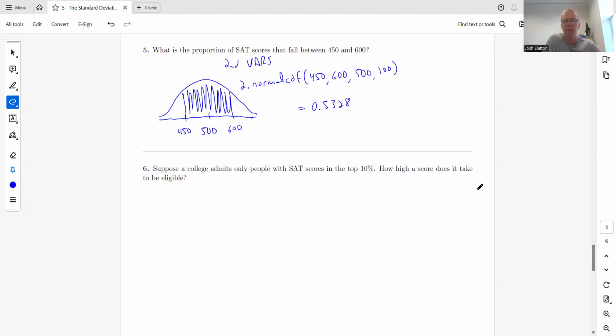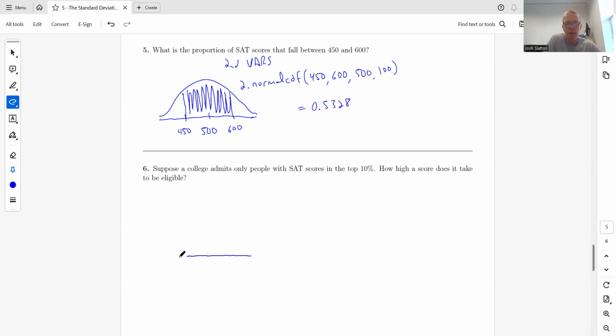So the 0.5328, the 0.964, and number 4, those were percents. This time we are given a percent, and we are asked to find a score or a data point.